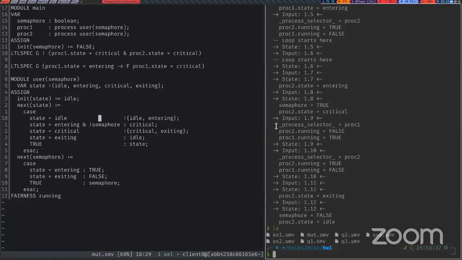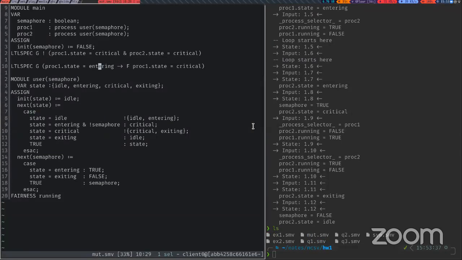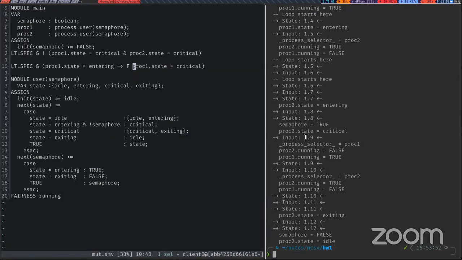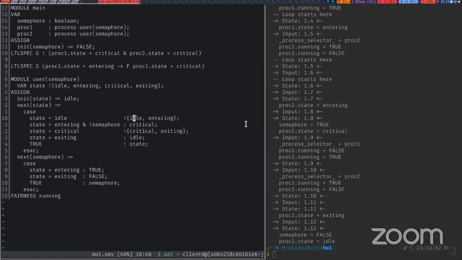Why don't you just say... So you've done some modification here where you go from exiting to idle, and from critical to exiting, and then you go to idle.